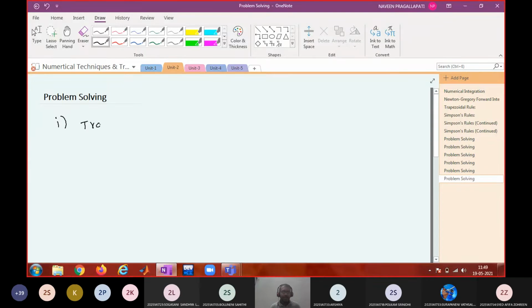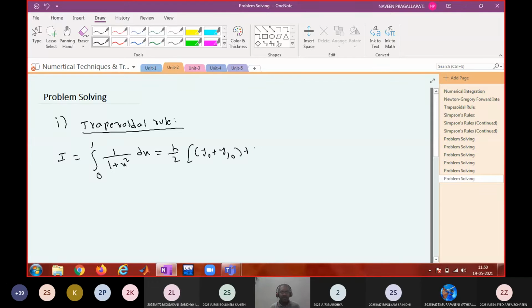So I equals the integral from 0 to 1 of 1 by 1 plus x square dx, equals h by 2 times y0 plus y10 plus y1 plus y2 plus y3 plus y4 plus y5 plus y6 plus y7 plus y8 plus y9. You don't write dots here, write down all the values, the complete formula. Then substitute the values and evaluate.